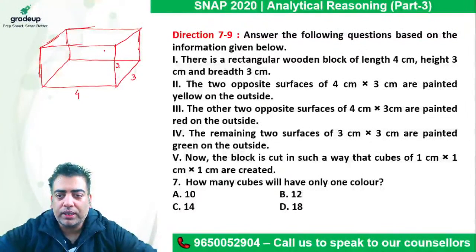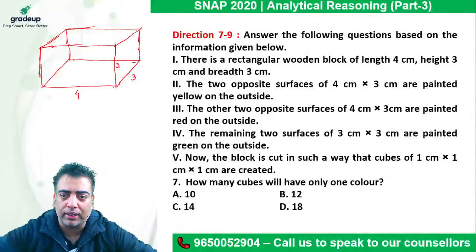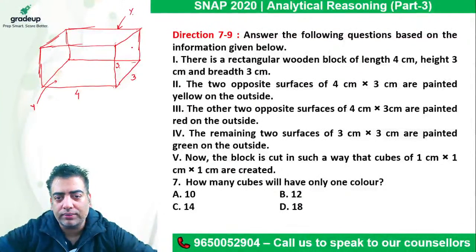The two opposite surfaces of 4 by 3 centimeter, the front one and the one which is behind, are painted yellow on the outside. So this one is having yellow, and the one at the back is having yellow color.